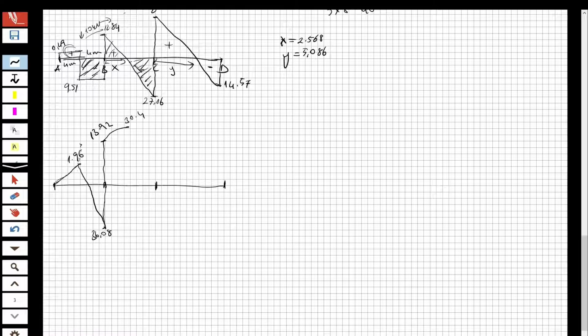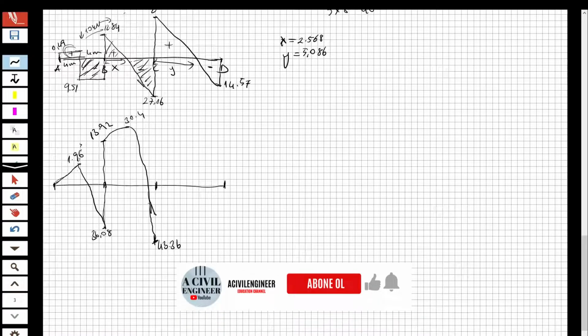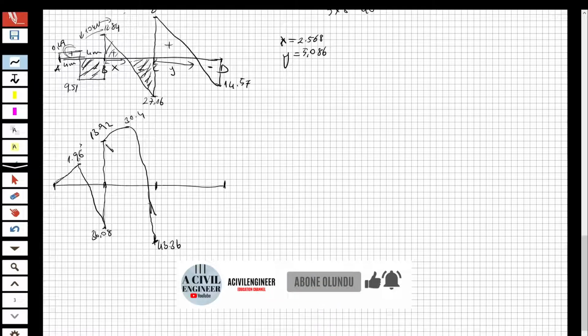Sorry, I did something wrong. For example, this is 43.36. Okay, and when I decrease by this amount of area, I'm going to reach this point.